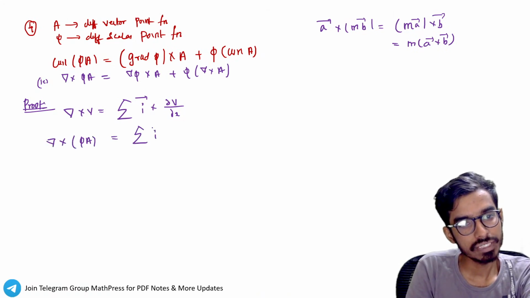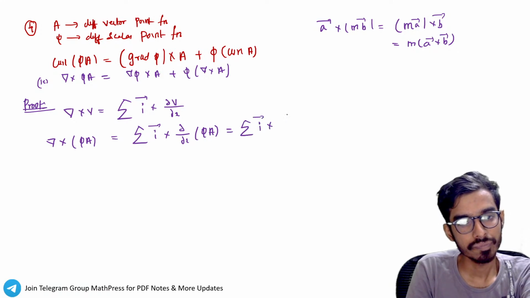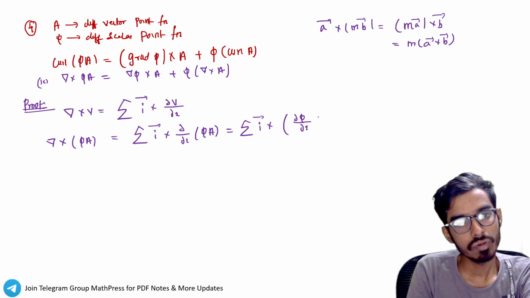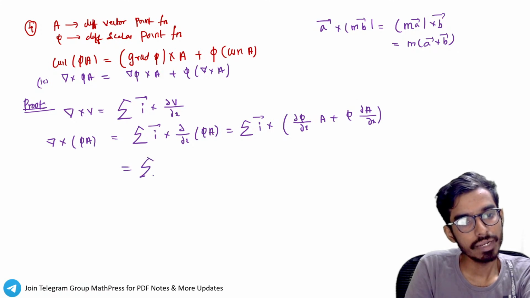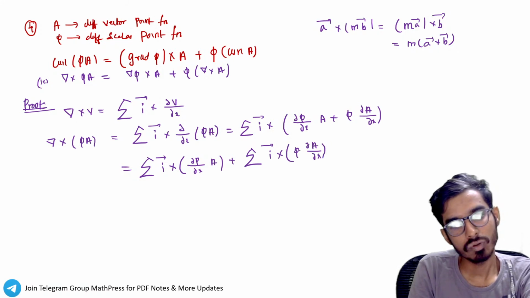This will be summation i cross dou by dou x of phi A. This will be summation i cross, dou phi by dou x into A plus phi into dou A by dou x. This can be written as summation i cross dou phi by dou x into A plus summation i cross phi into dou A by dou x, right?